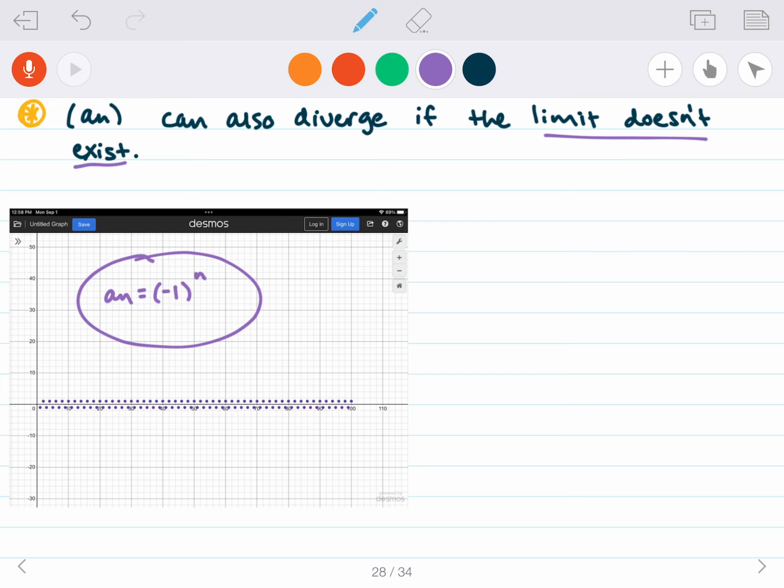When little n is odd, you're going to get negative 1. When little n is even, you're going to get positive 1. Your picture of the sequence looks like this, and you can see that these values are never converging to a common value here.